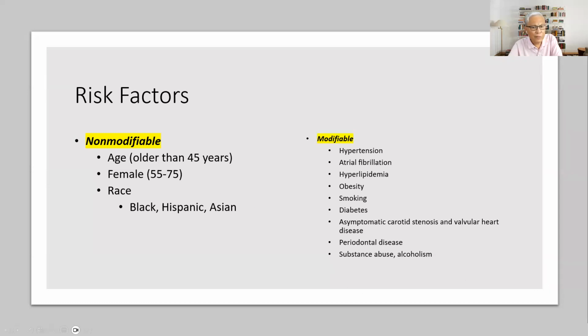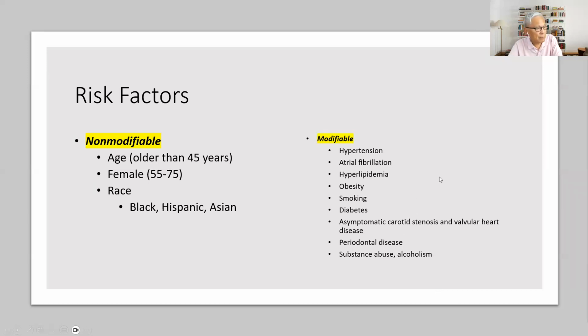Female, 55 to 75, and this is going to have a higher incidence in women than it is with men, as much as 25% more chances of having a stroke if you're a woman. And then it is much more common among Blacks, among Asians, and also among Hispanics.